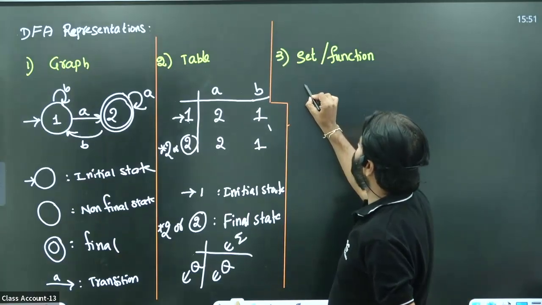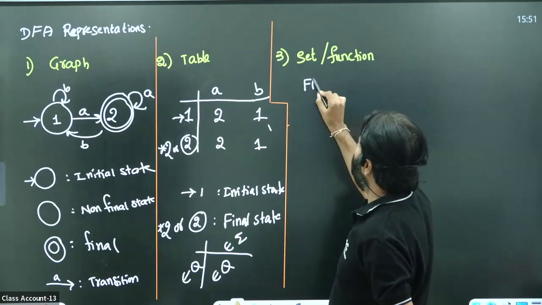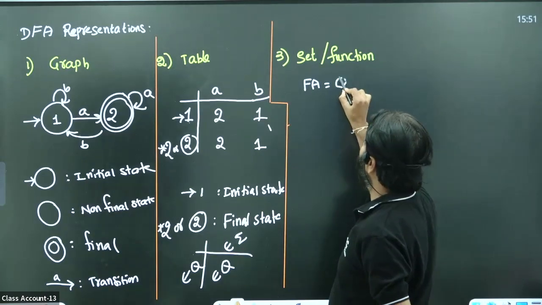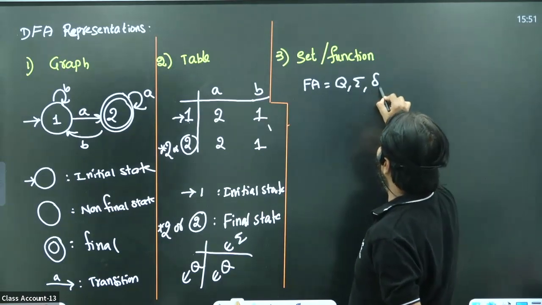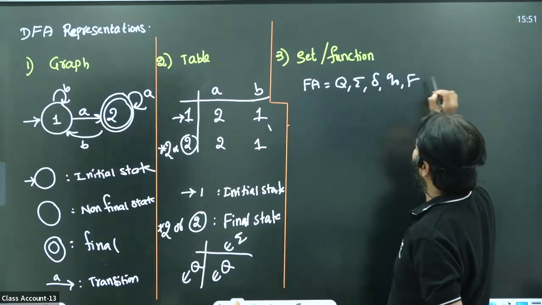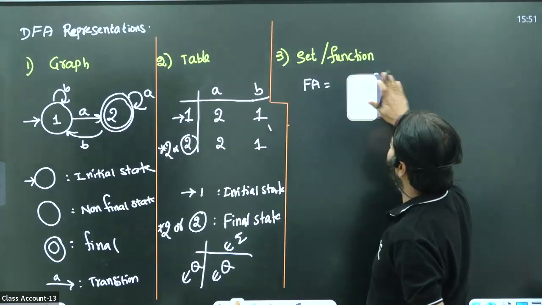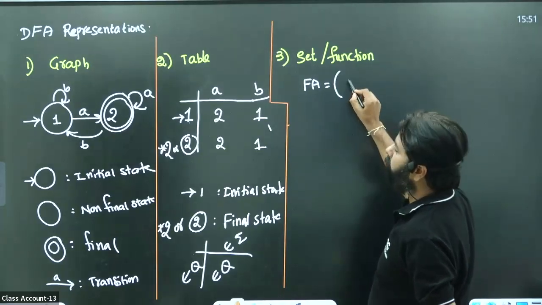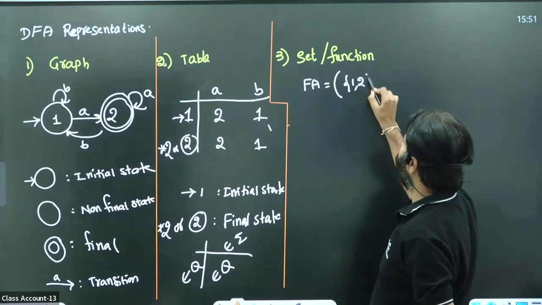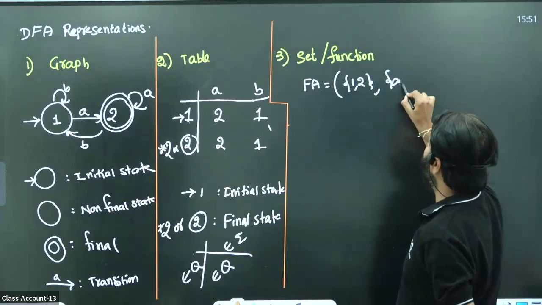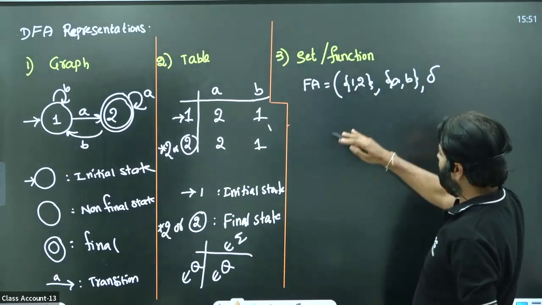Now set representations, finite automata or DFA, let's say Q, sigma, delta, Q naught, F. We know that. So these things you can represent with what you want. Q is what? 1 comma 2. Sigma is A comma B. Delta you are writing down.